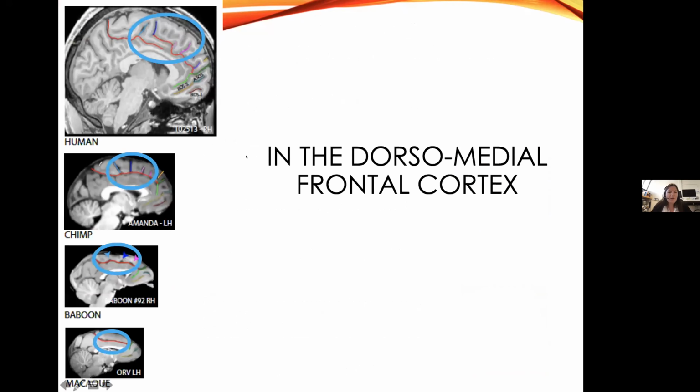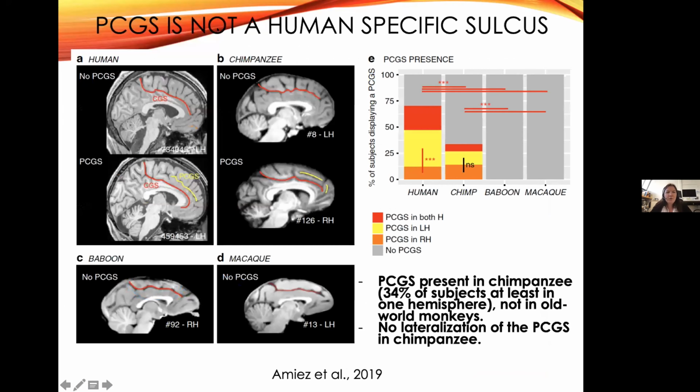So if we look at this region that I talked about, the MCC here, the first thing that we showed is that humans display a paracingulate sulcus in about 70% of subjects, at least in one hemisphere. And it's mostly lateralized on the left. This is this yellow part here.